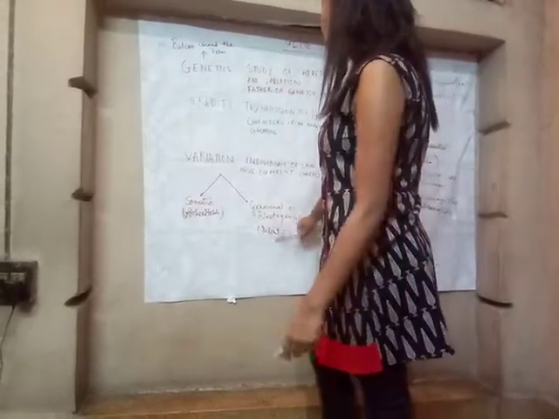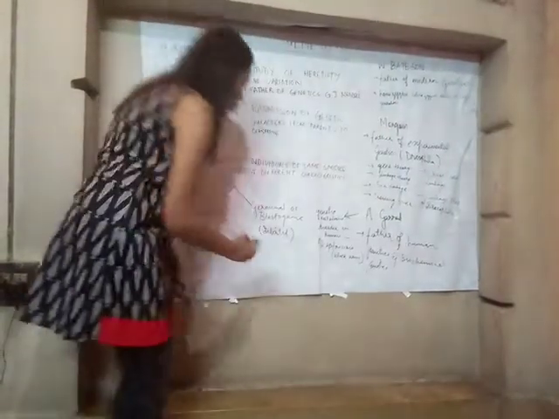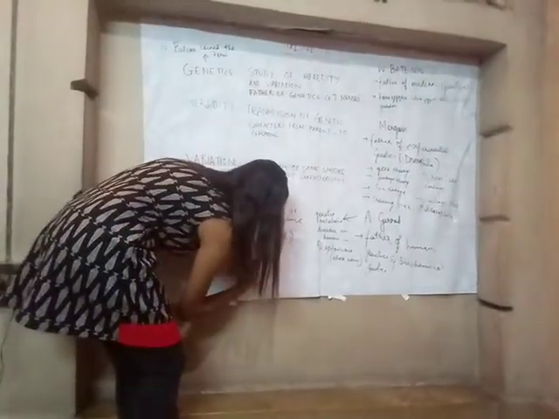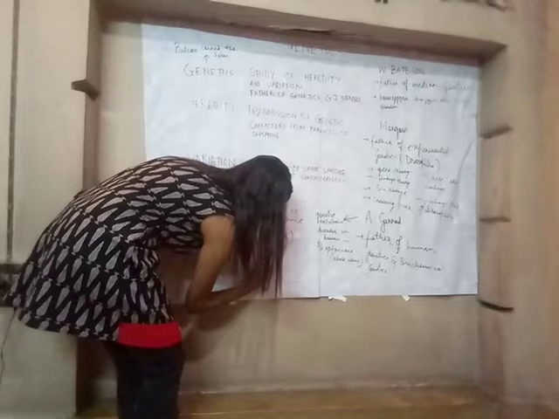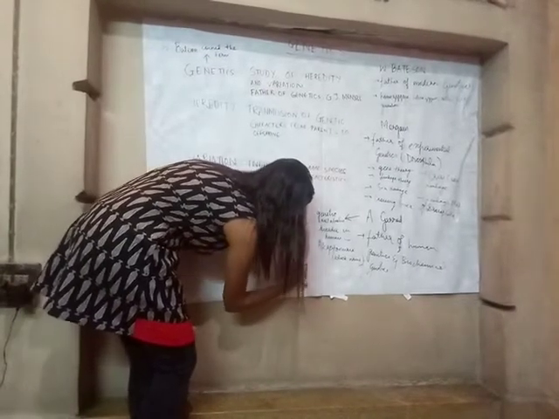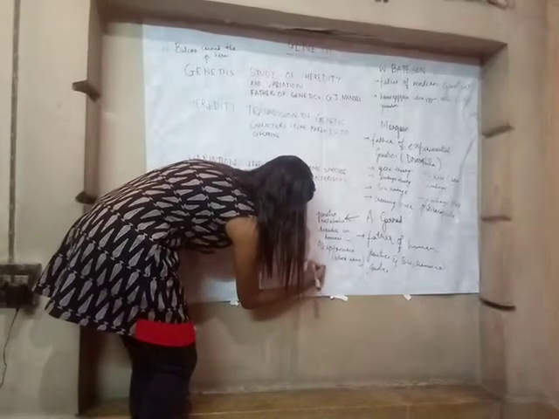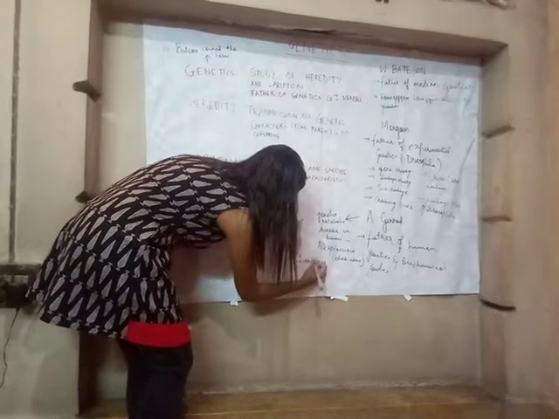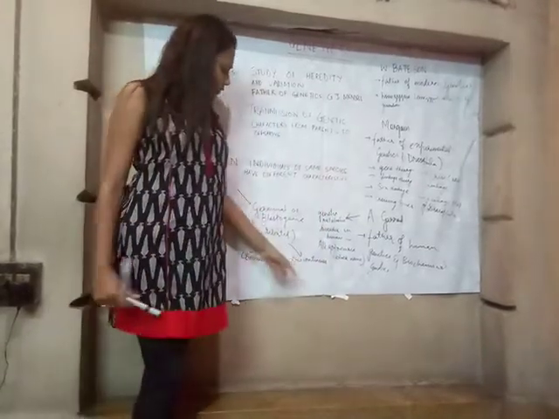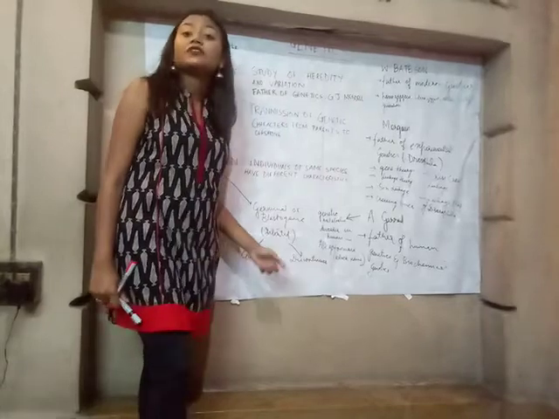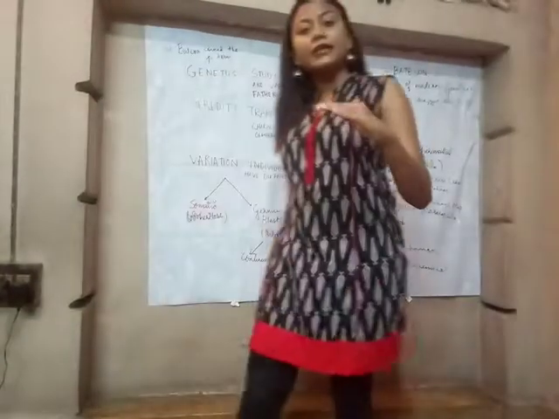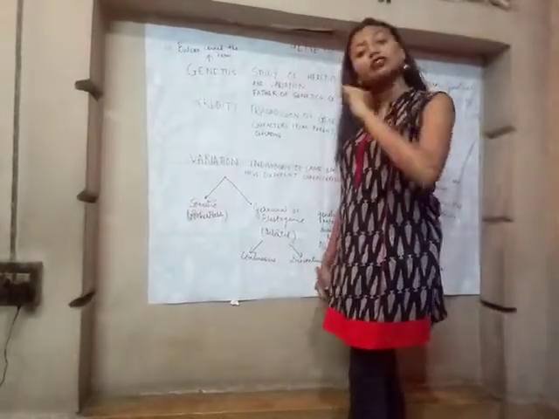Now inheritable variation is of two types. One is continuous and one is discontinuous. By the names we can find out that continuous variations are present in every generation without a gap.